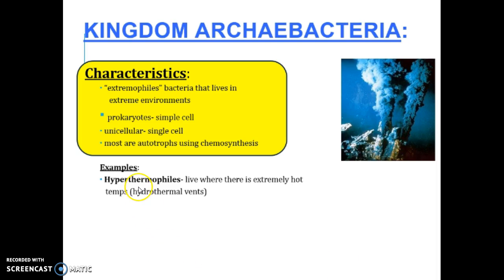Thermo means heat, and hyper is extreme, so these are things that live in extreme heat environments. The majority of these are also prokaryotes and they're unicellular. The majority of them are autotrophs, so they get their energy from chemosynthesis.